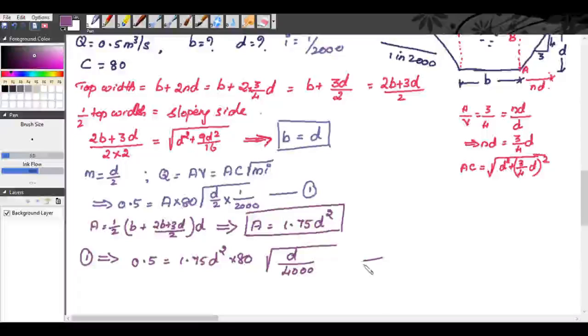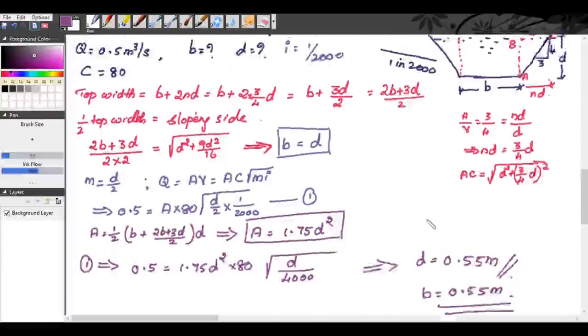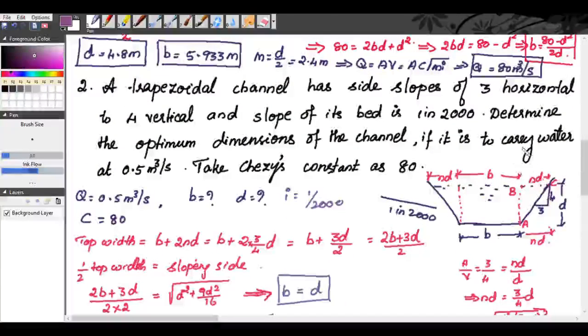So the only unknown is d, from which we get d is equal to 0.55 meter. Now b is equal to d, so b is also equal to 0.55 meter. So anything else we need to find? Determine the optimum dimensions of the channel. That's all.